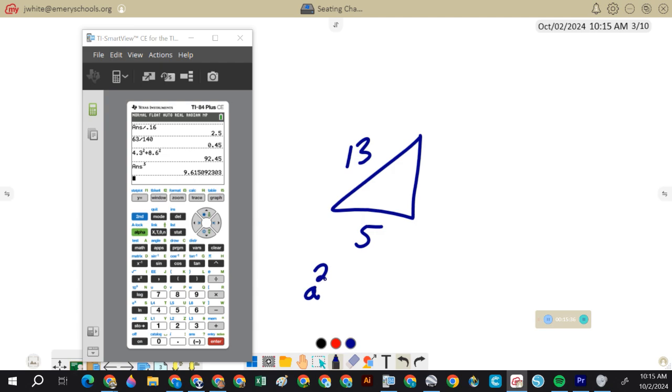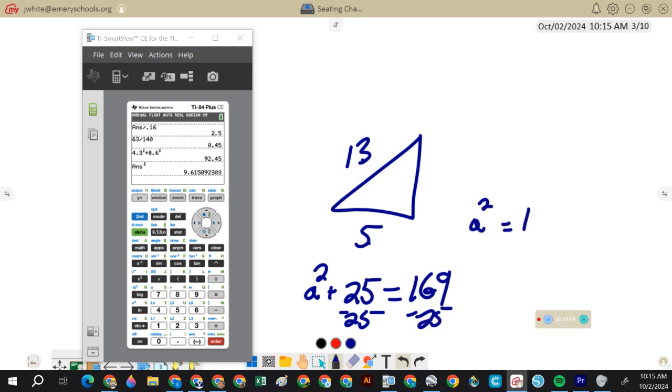So A squared plus B squared is going to be 25. And C squared, 13 times 13 is 169. How do I solve this one? I got to get that 25 to the other side, so we subtract 25. And we get A squared equals 144. And if I take the square root, A is going to be 12.